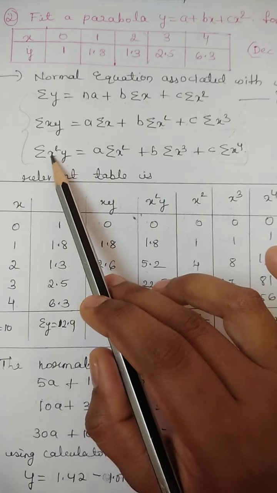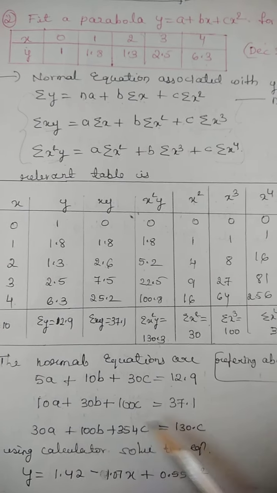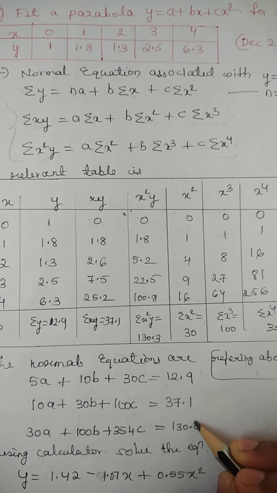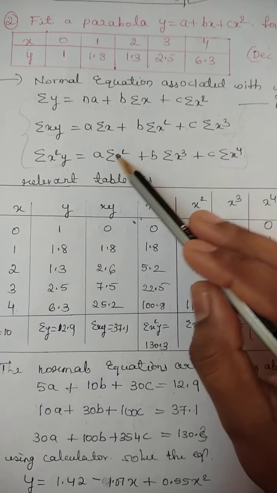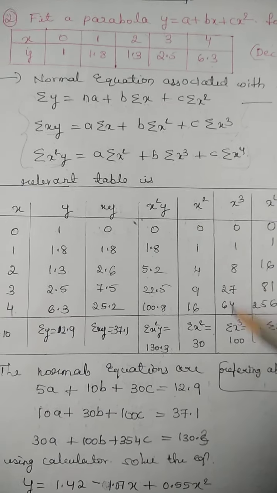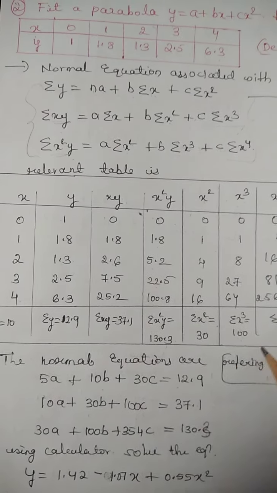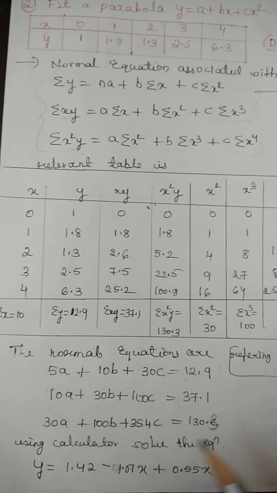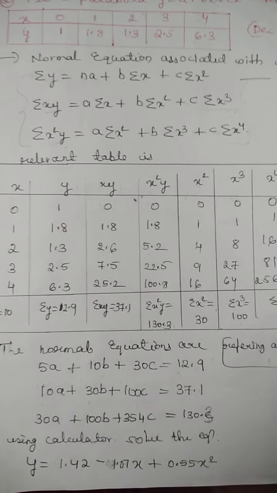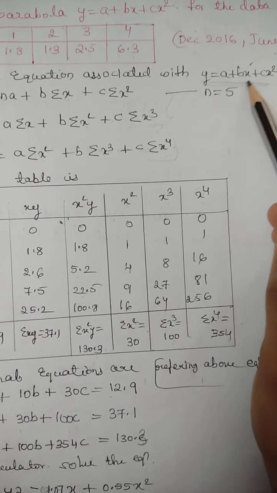Then the third equation: summation of x²y is 130.3, so 30a + 100b + 354c = 130.3. Solve these using a calculator and you will get the values of a, b and c, which you put in the equation of the parabola.